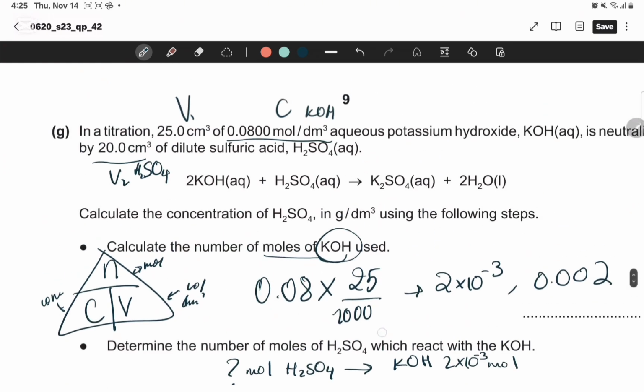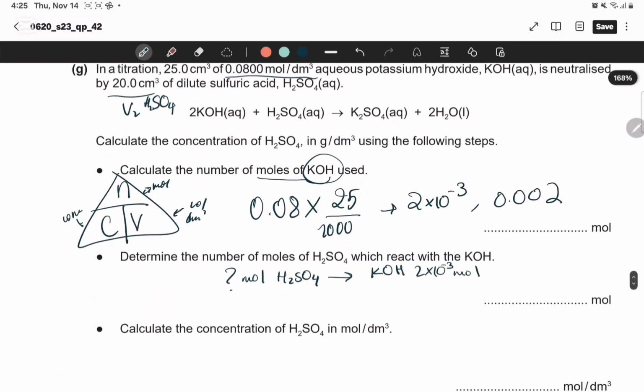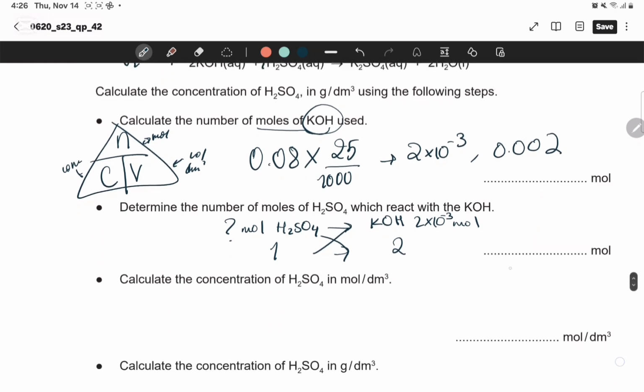Then under that we're going to write the coefficient of the substance in the chemical reaction. So H2SO4 here it's 1, and KOH here it's 2. So cross multiply, you're going to get 1 times 10 to the power of negative 3, or again 0.001.